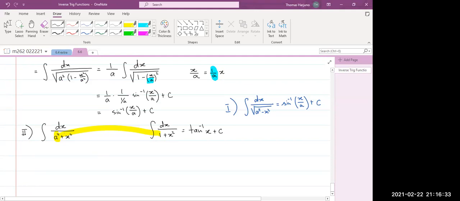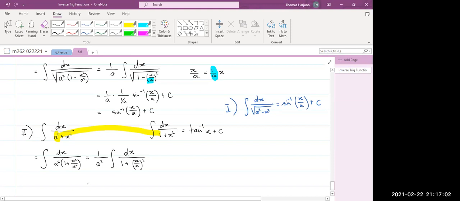So if I modify the constant to become a squared, then I realize, you know what, let me factor that a squared, which becomes 1 over a squared integral dx over 1 plus x over a quantity squared.